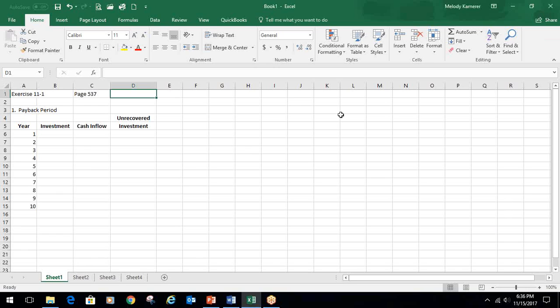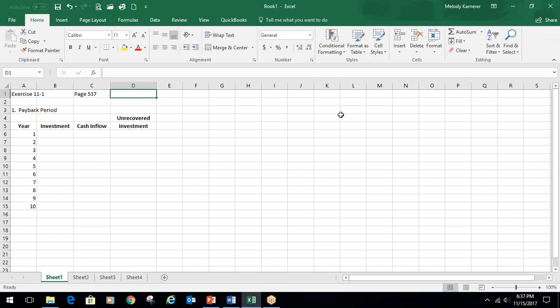So looking at exercise 11-1, we've been given some information that a design firm is going to be looking at something that will have cash outflows in year 1 of $15,000 and in year 2 of $8,000.